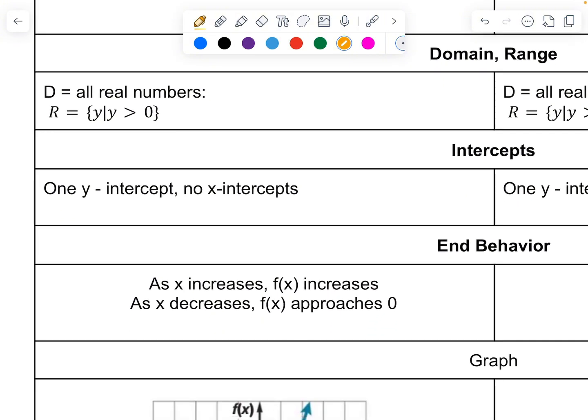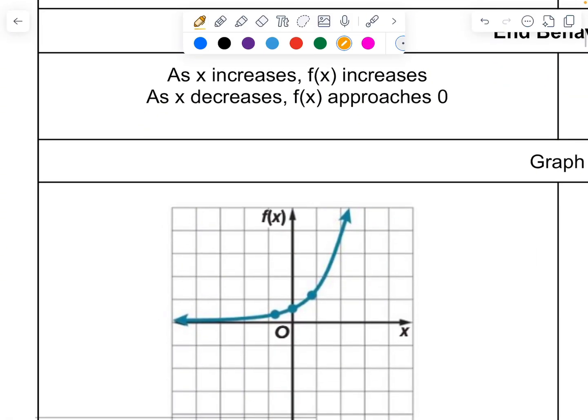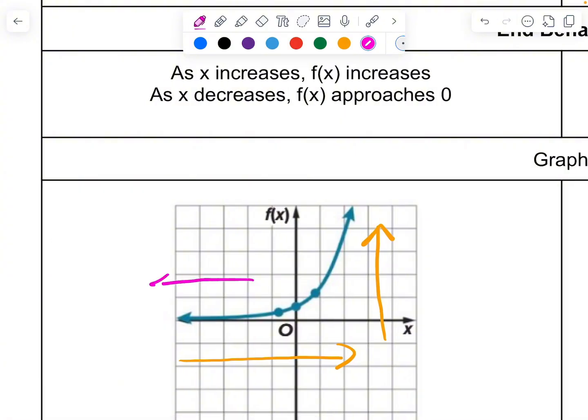There's going to be one y-intercept and no x-intercepts. And this is what it's going to look like. As x gets bigger, y gets bigger. Okay? As x gets smaller, y is getting closer and closer to 0. Right here it's 0, but it never touches it. That's why it's called approaches 0.